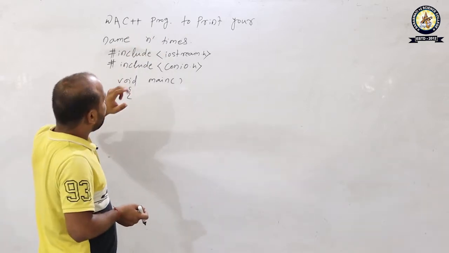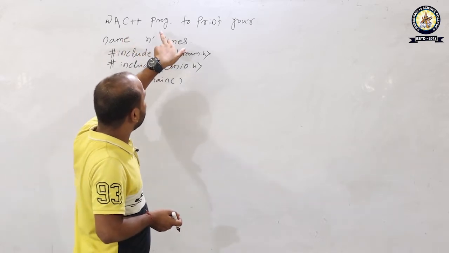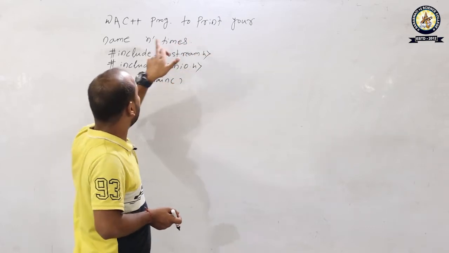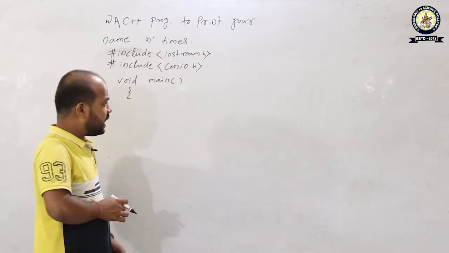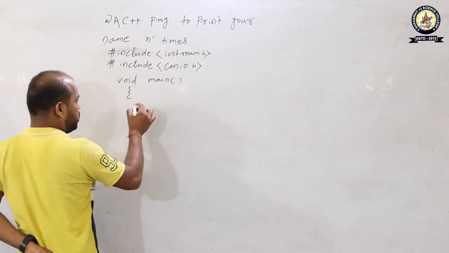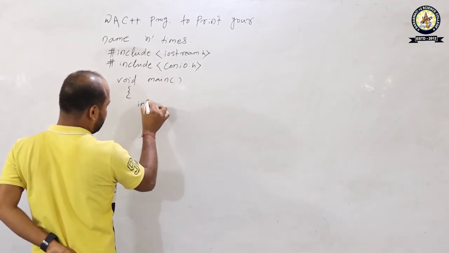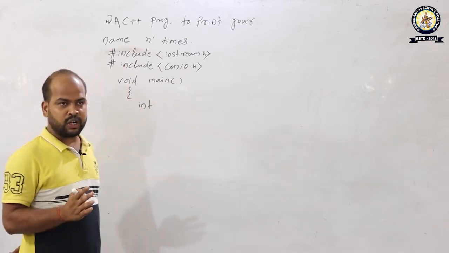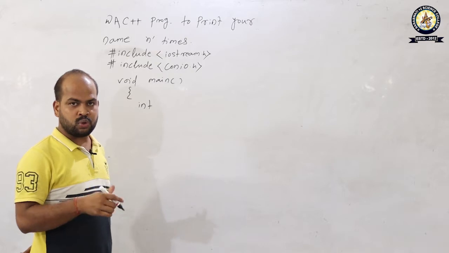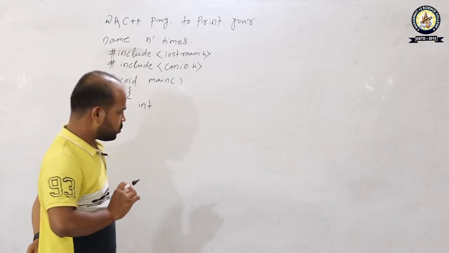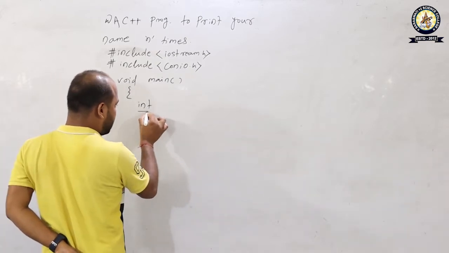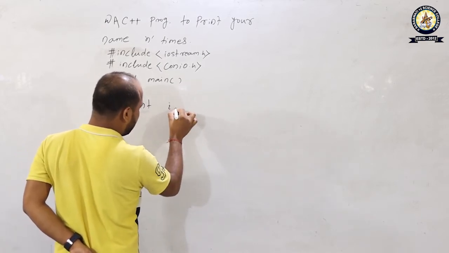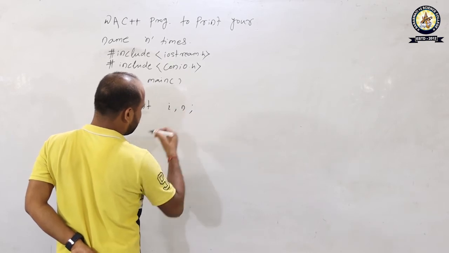So I am writing that to print your name n times. The n times means you have to first declare a variable, because a variable is a location in memory which is used to insert values. So here I declared the data type, then variables. Here I took i and n.